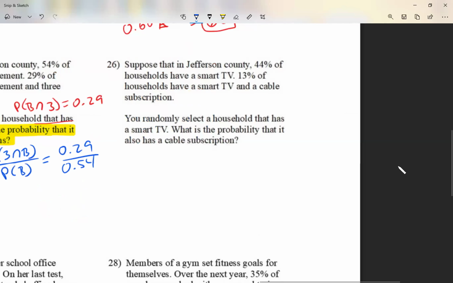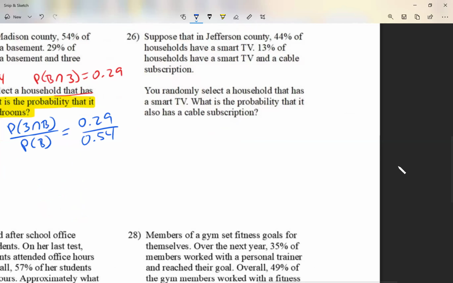Okay, let's take a look at number 26 here. Suppose that in Jefferson County, 44% of households have a smart TV. So the probability of a smart TV is 0.44. 13% of the households have a smart TV and a cable subscription.